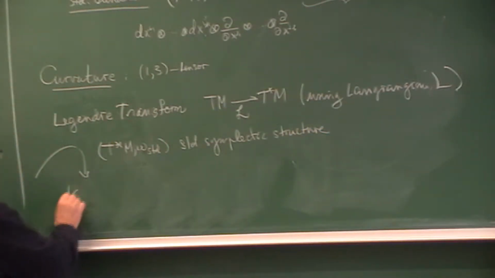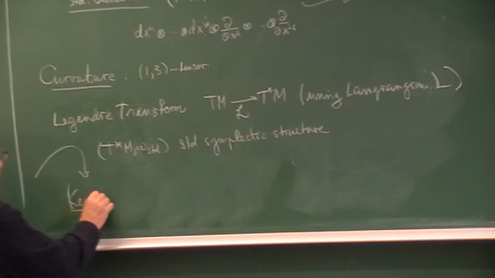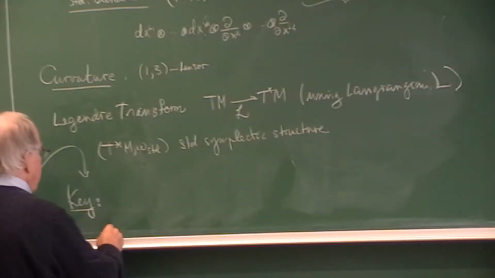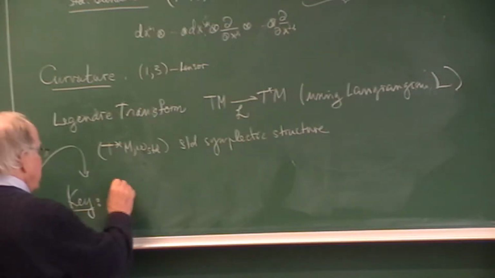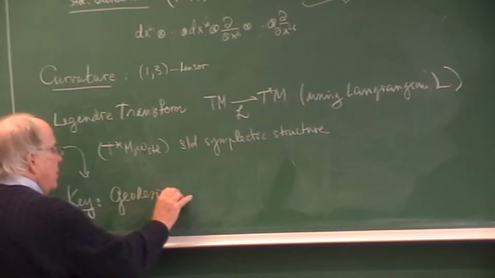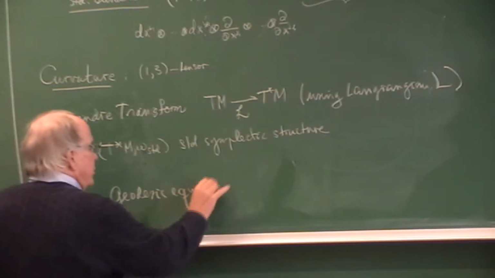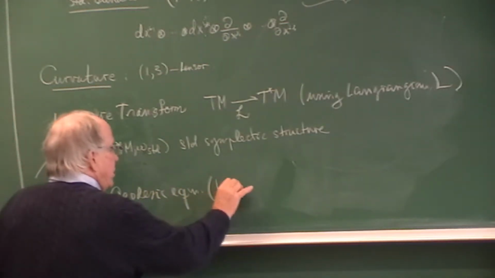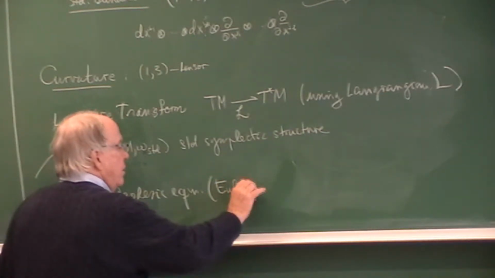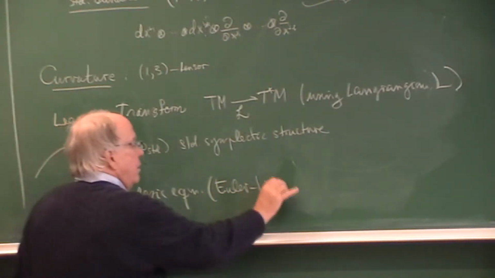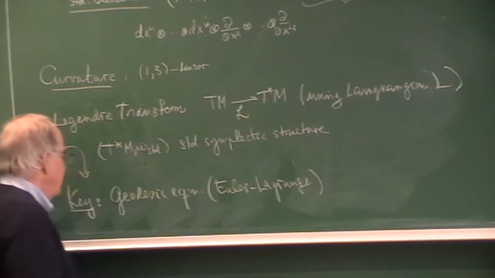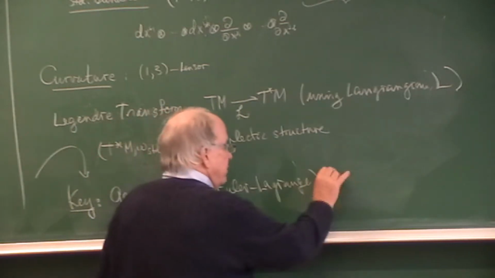And the key for us in this case, and in many cases, is that the geodesic equation becomes a Hamiltonian equation. It's called, as you know, the Lagrange equation. This equation becomes Hamiltonian.